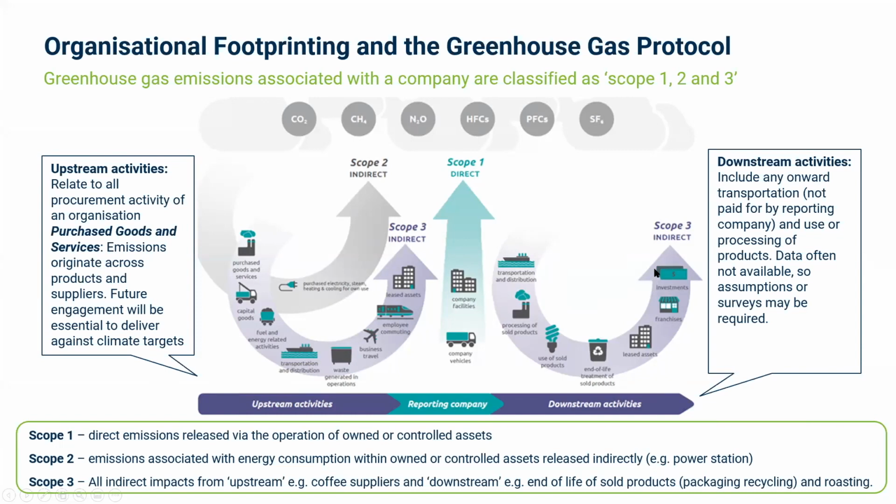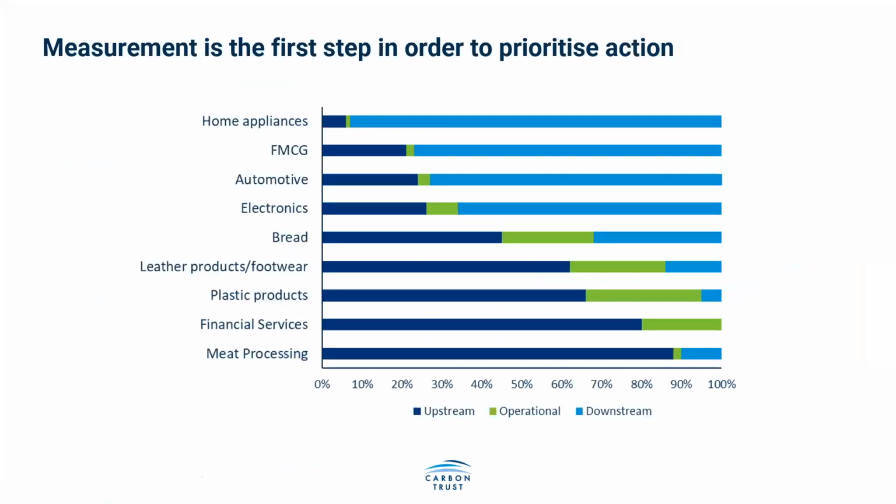And the purpose of this is really to help organizations understand where the material impact is. Where do we, as an organization, need to influence those emissions? The definitions I've just provided are shown again at the bottom of the screen for your future reference if you want to look at these slides at a later date. So those categories are important.